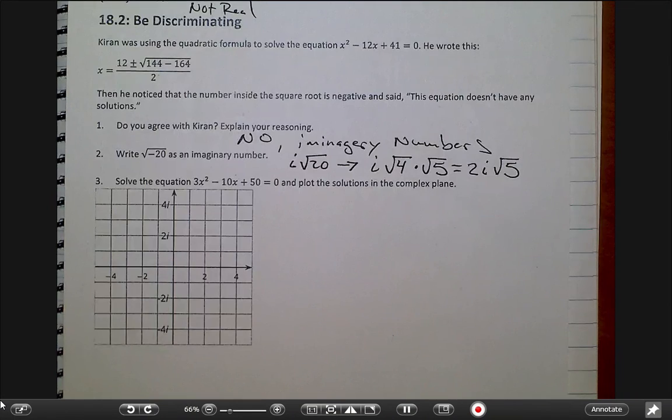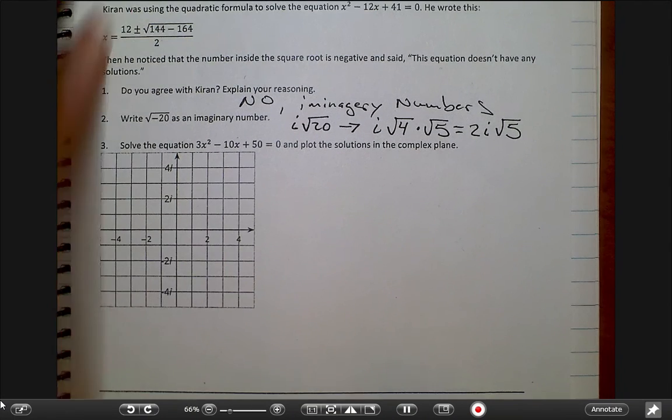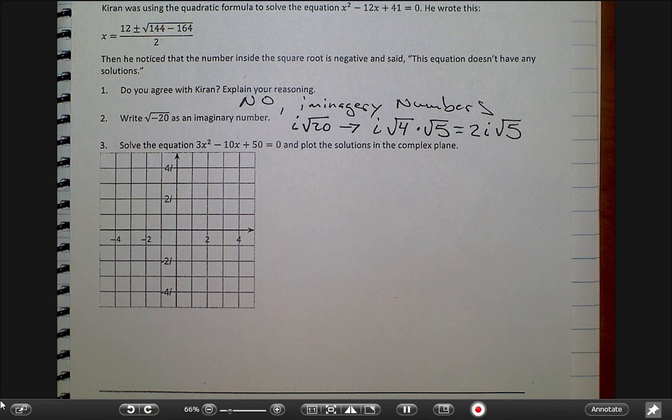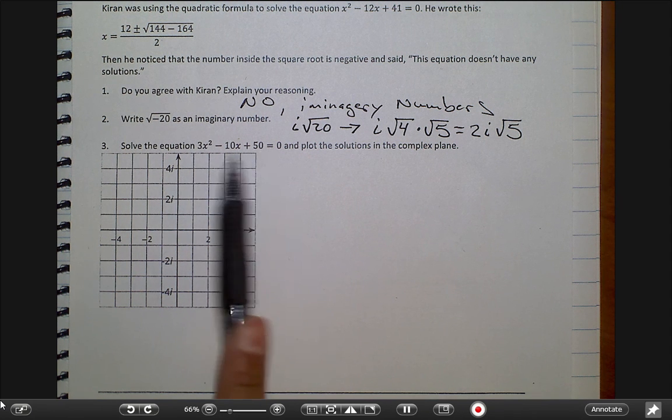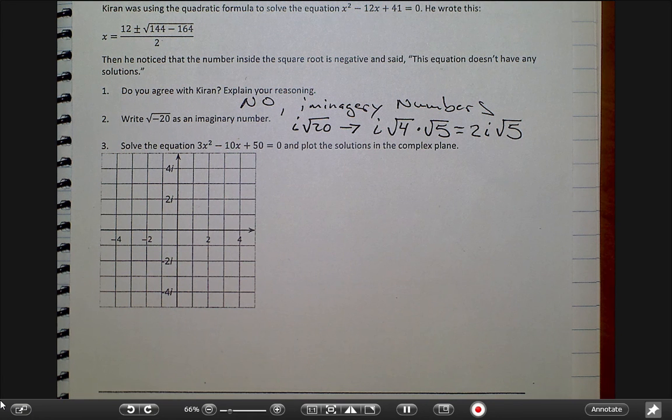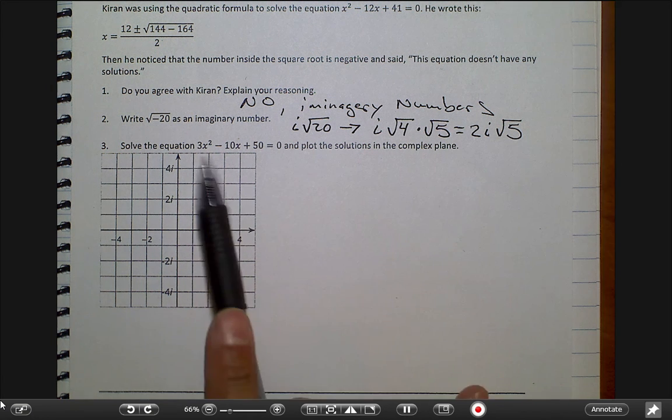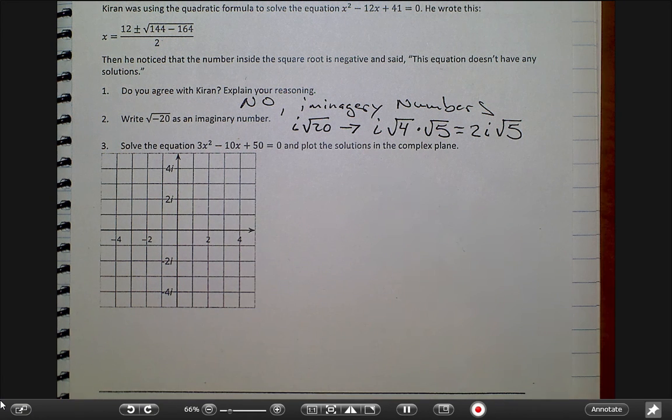All right, let's go down to number 3 here. Solve this equation and plot the solutions in the complex plane. Our graphing calculator does not plot in the complex plane. So what we're going to do first is solve this right here. Let's use the quadratic formula.